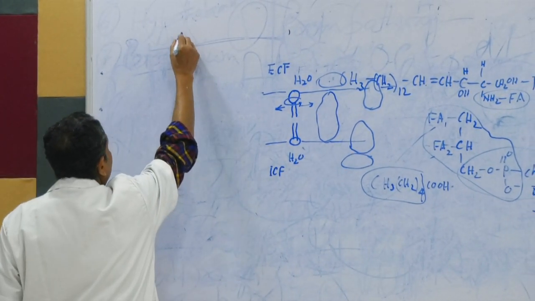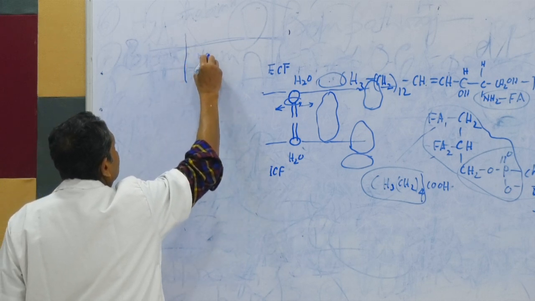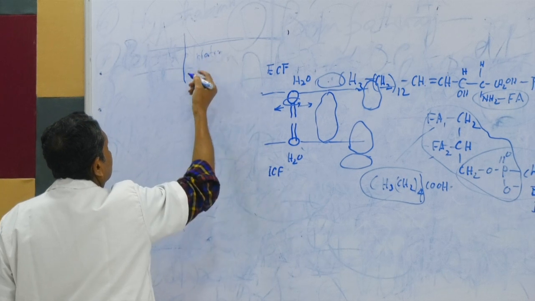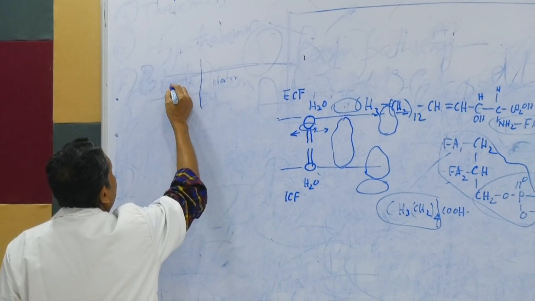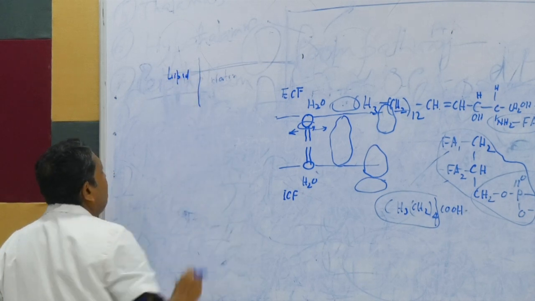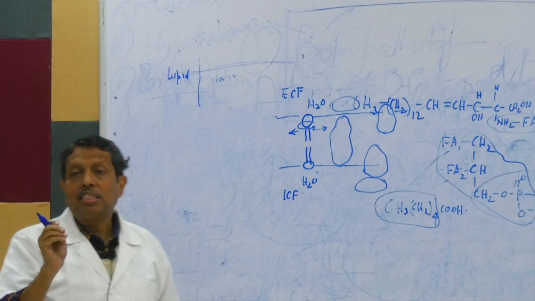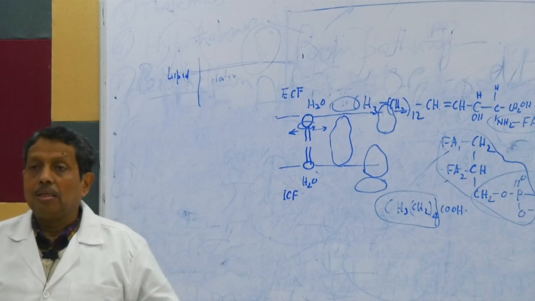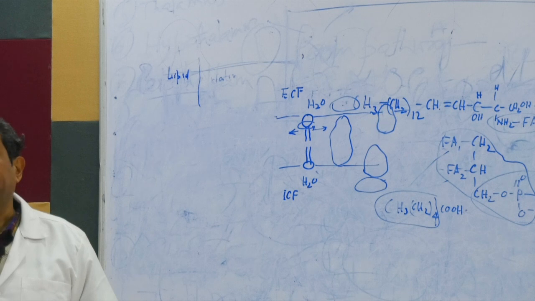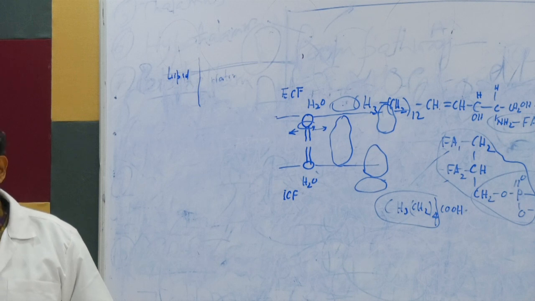Consider this a boundary, and this is the watery part, and this is the lipid. Suppose it may be myristoylated, palmitoylated, or prenylated. In this way, they are displayed.